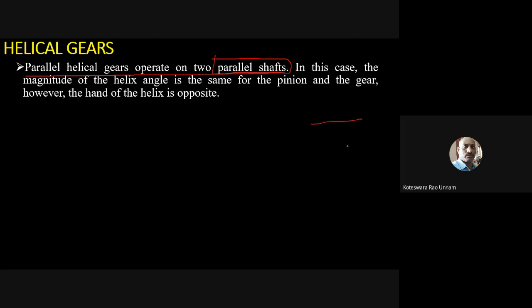So that means I have one gear on this, one gear on this. Now this is one shaft axis and this is the other shaft axis. Here I have one gear, then the other gear is something like this. So then we'll call it a parallel axis, parallel helical gear. Or else, if I have shaft axes which are intersecting something like this, the axes intersecting one upon another, at any angle, it need not be 90 degrees.